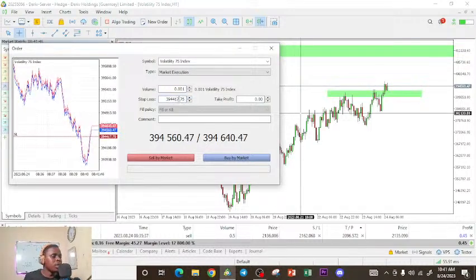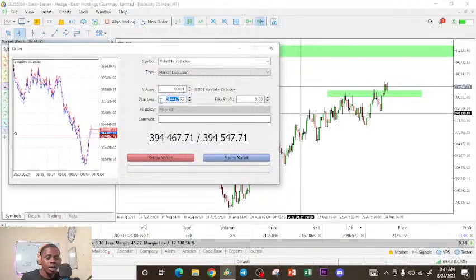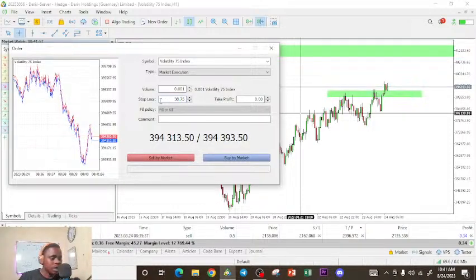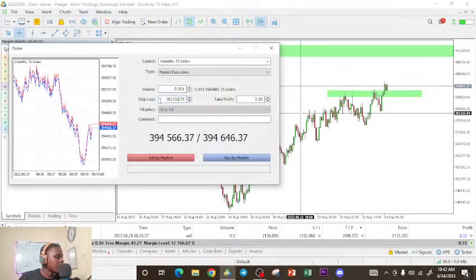So I use minimum lot sizes because, as you can see, my entry and my stop losses are a little bit far from each other. So I don't want to risk all my money on one trade, right? Because if this doesn't go well, I need to get another chance for tomorrow, right? That's the mindset that I am using.